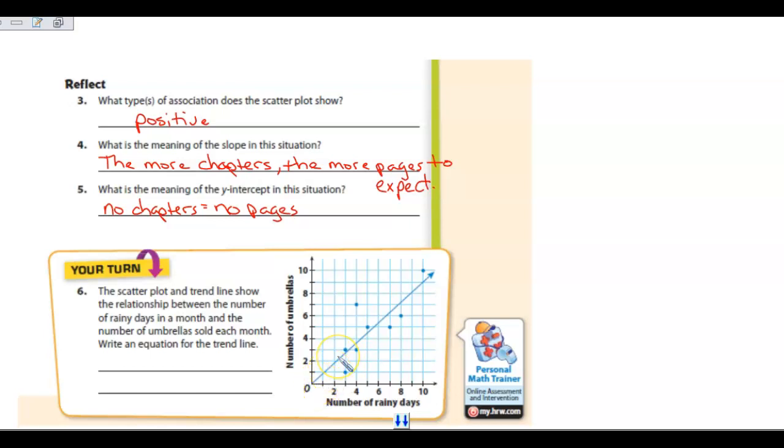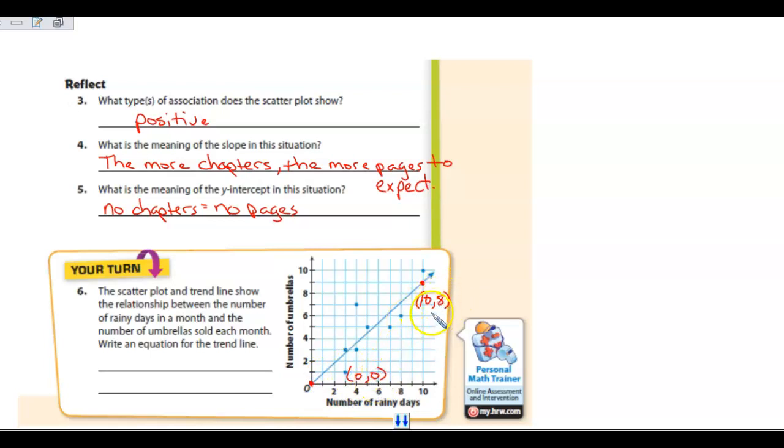So if I look at the line itself, I can find points on this line and find my slope and then write my equation. So I see a point here at 10, 8, and some of them are really close. Looks like the other one is only at the origin, so at 0, 0.